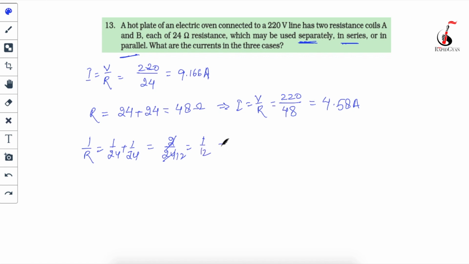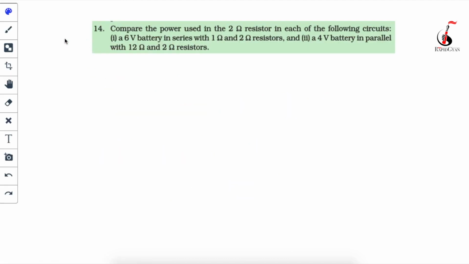So now the value of R is 12 ohm. Now again, what is the value of current? Current will be V upon R, which is equal to 220 upon 12, which will give you 18.33 ampere. So that's your answer. Okay guys, this is again a very simple question. Let's go to your next question, which is the 14th one.